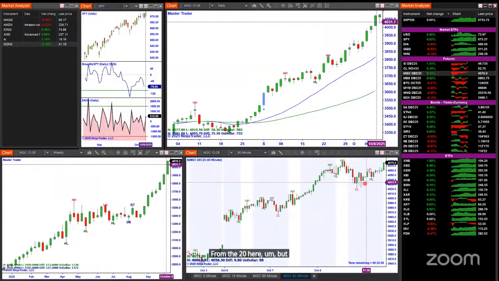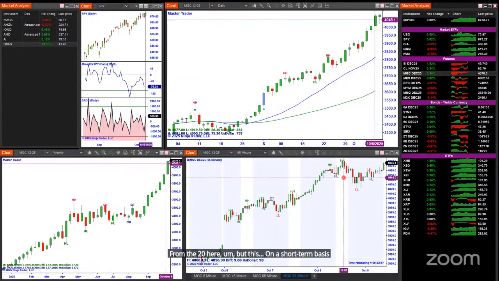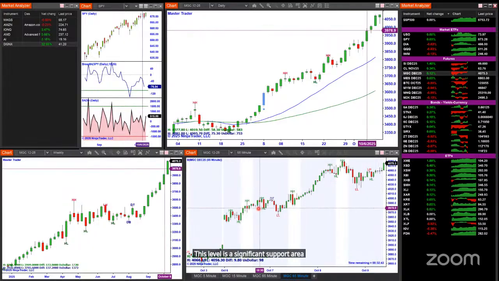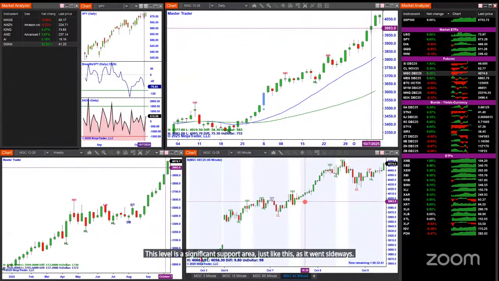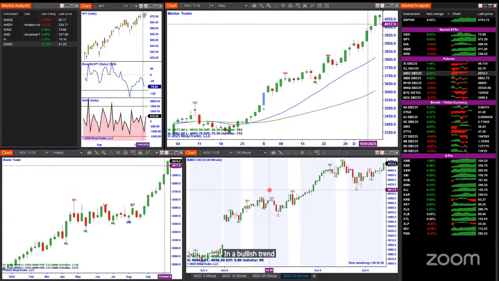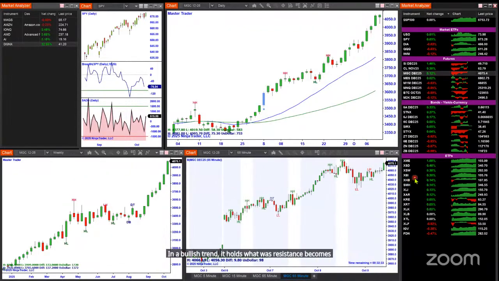But on a short-term basis, this level is a significant support area, just like this, as it went sideways. Sideways movement builds support. And if it's violated, that's bearish. In a bullish trend, what was resistance becomes support, right? More basic foundational information. All right.